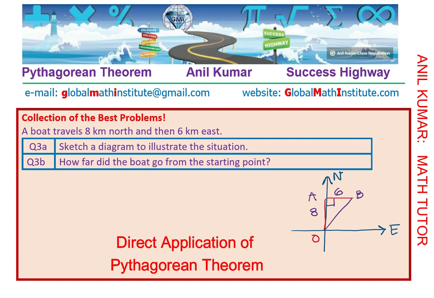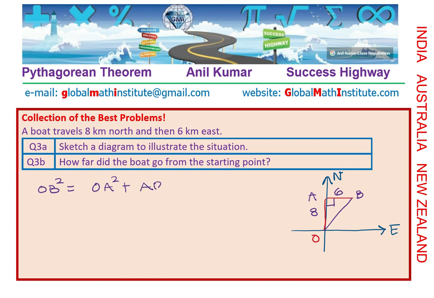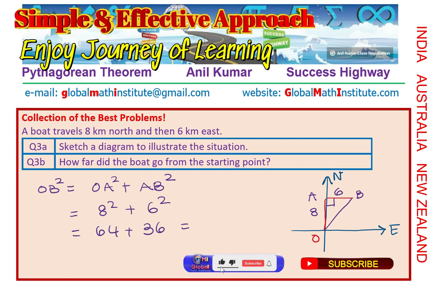So using Pythagorean theorem, we can say that OB square is equal to OA square plus AB square. So OB square is equal to 8 square plus 6 square. And that gives you 64 plus 36, which is 100.